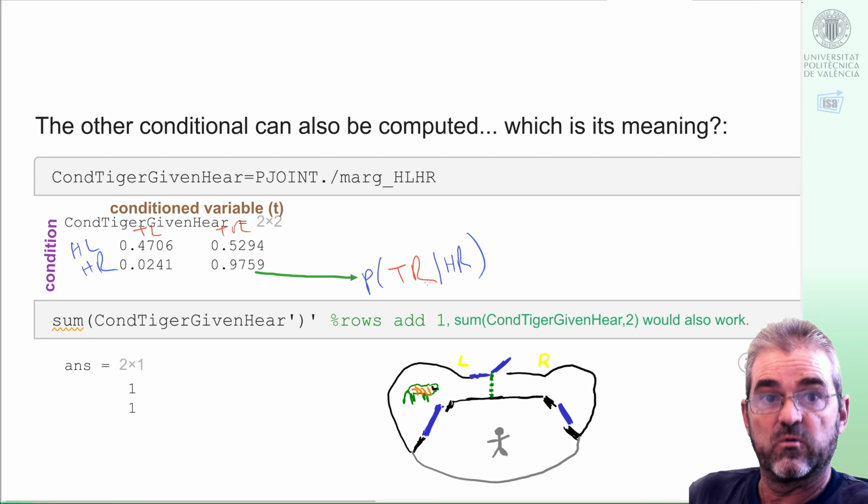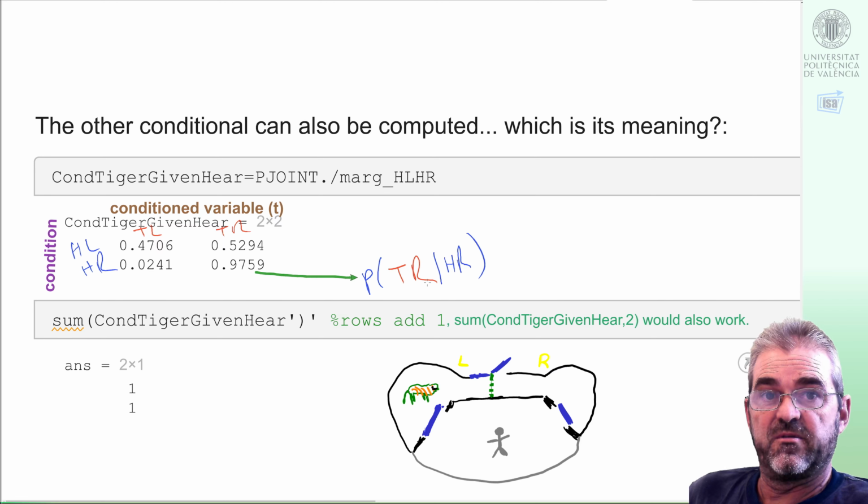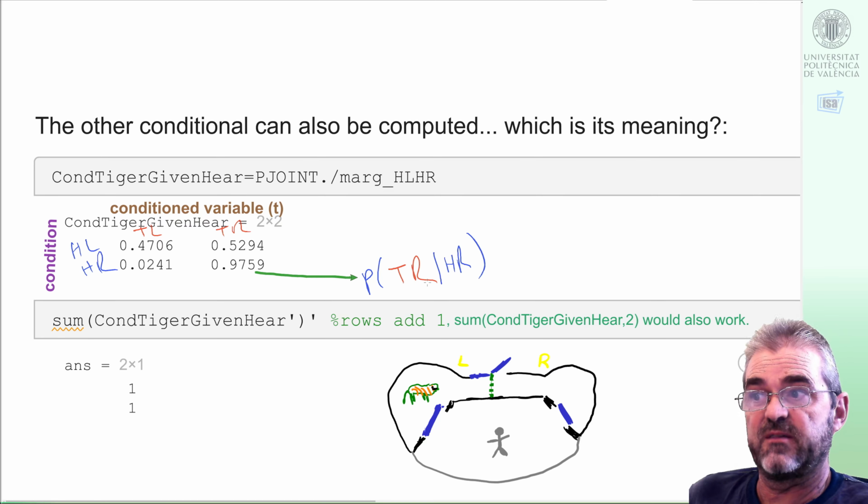The marginal was the marginal of hearing, so in the conditional probability definition, if the marginal was hearing, then the condition is hearing. So this means that with my table, 97% of the times I hear my tiger roaring at the right hand side door, it will mean that the tiger is actually at the right hand side cage.